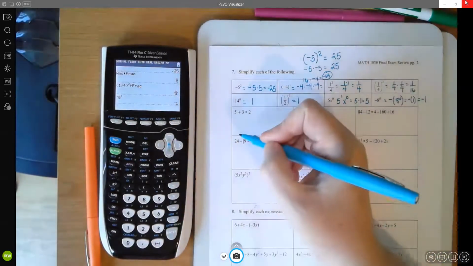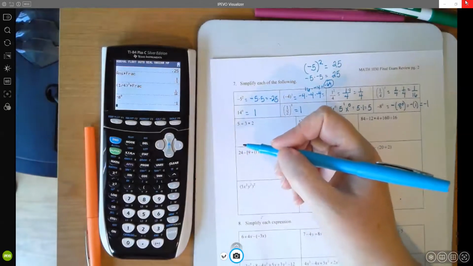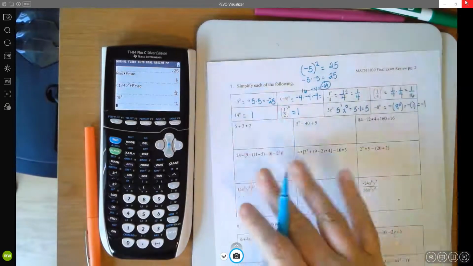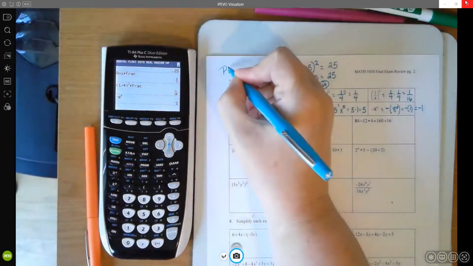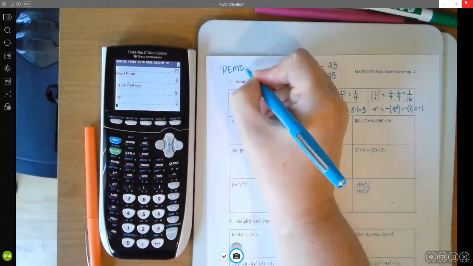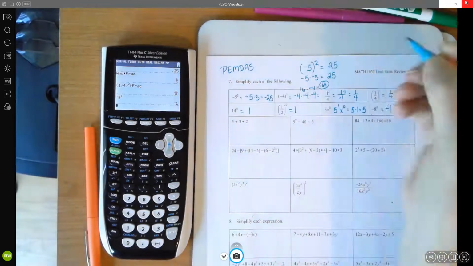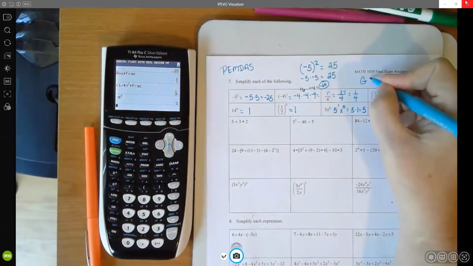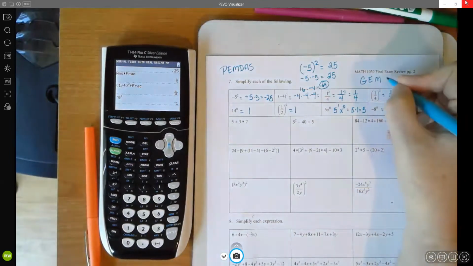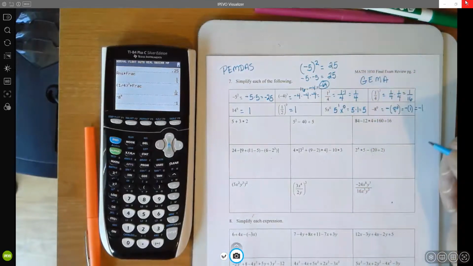Then, as we look down here below, we're ready to do the order of operations. Depending on your teacher, you'll either use "Please excuse my dear Aunt Sally," or you'll use grouping, exponents, multiplication and division, addition and subtraction.